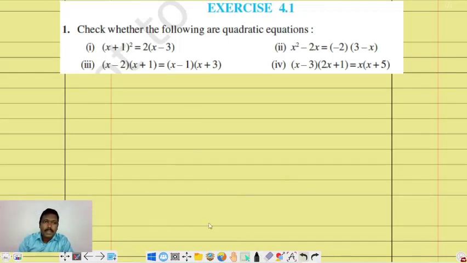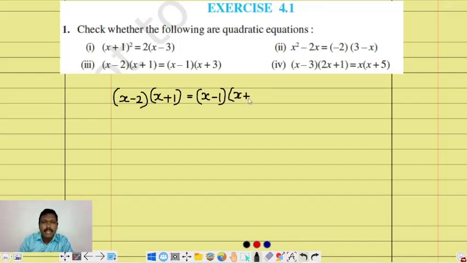Now let us move to question number 3. What is question number 3? x minus 2 into x plus 1 is equal to x minus 1 into x plus 3.